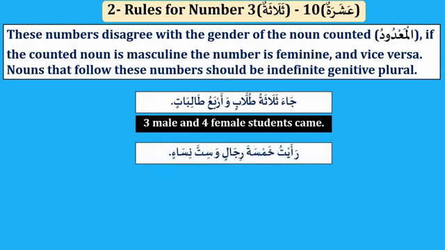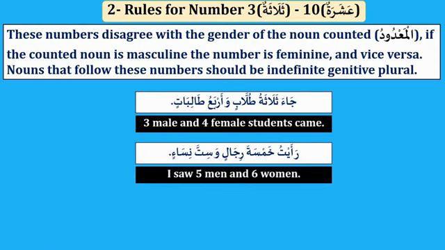In accusative case, رأيت 5 رجال و6 نساء. I saw 5 men and 6 women. The end case, the haraka of the noun doesn't change. It remains kasra in all cases, but the number can get any of the 3 harakat depending on their cases: nominative, accusative, or genitive case.